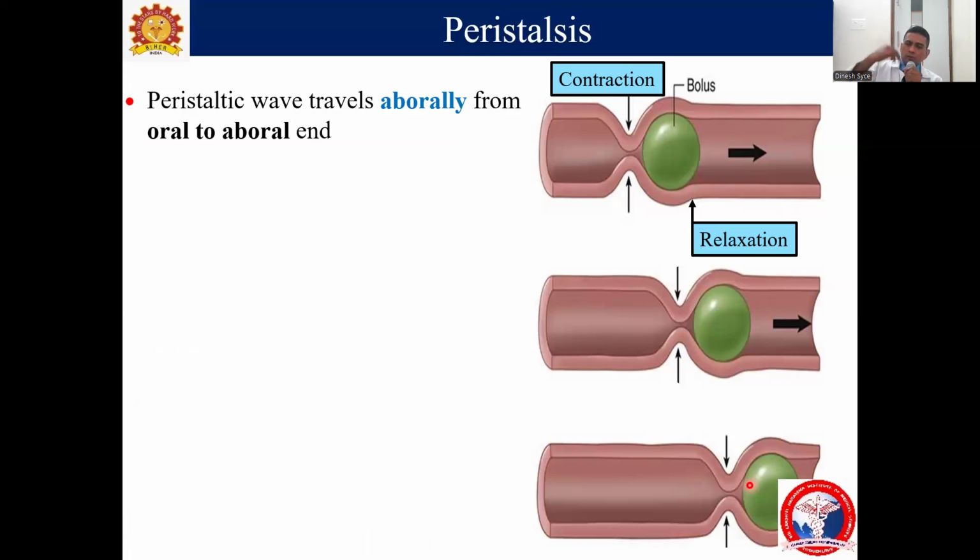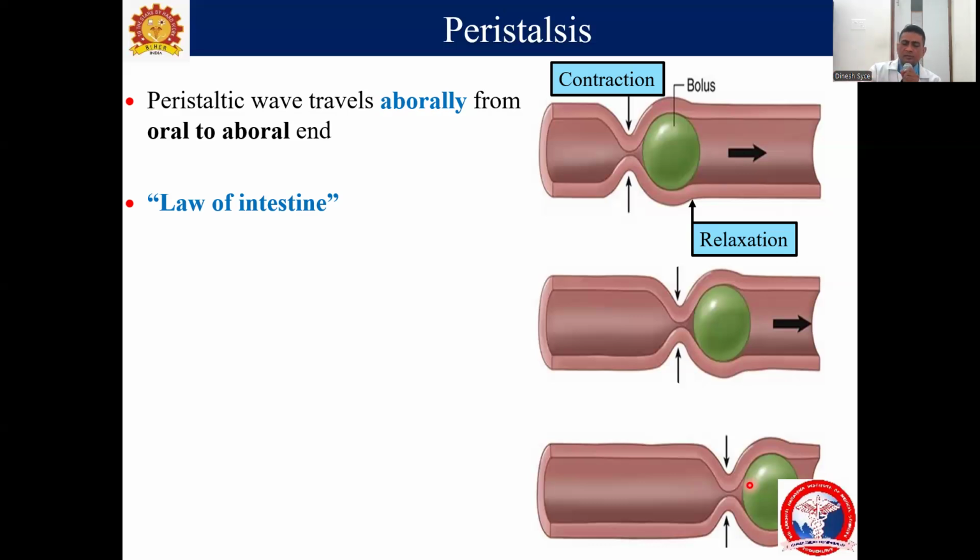From the mouth to the opposite end, this is the predominant, overwhelming direction of peristalsis, from the oral to the aboral end. This is called the law of the small intestine or the law of the gut. So when we say food is propelled from the oral to the aboral end, this is called the law of the gut, the law of the intestine.